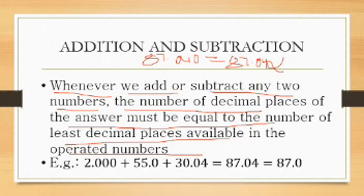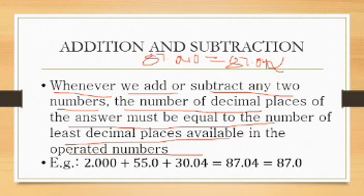Why is it wrong? Whenever we are performing operations of addition and subtraction considering significant figures, we must take the number which has the least decimal places, and we have to arrange the answer according to that number.